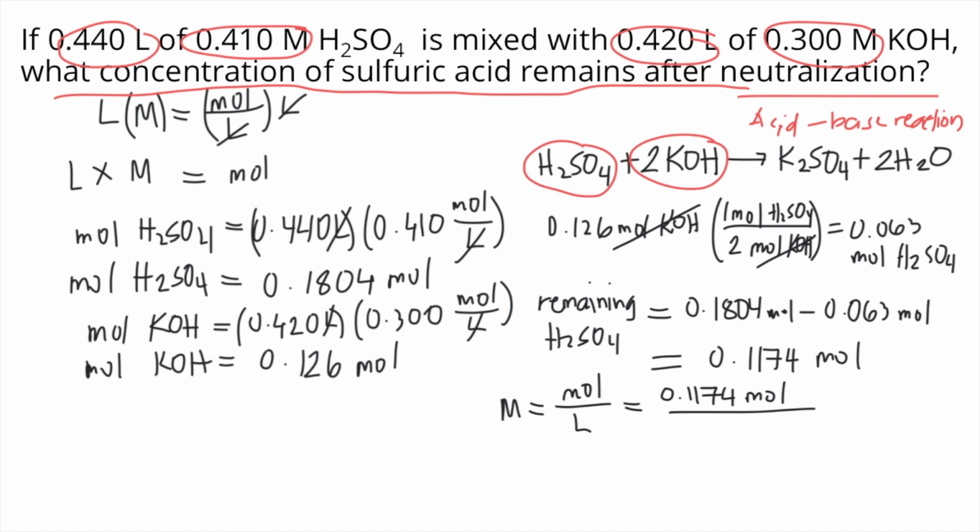Remember, you mixed two solutions, 0.440 liters and 0.420 liters. You combine them. Therefore, your denominator would be the total volume. So that's 0.440 liters plus 0.420 liters.